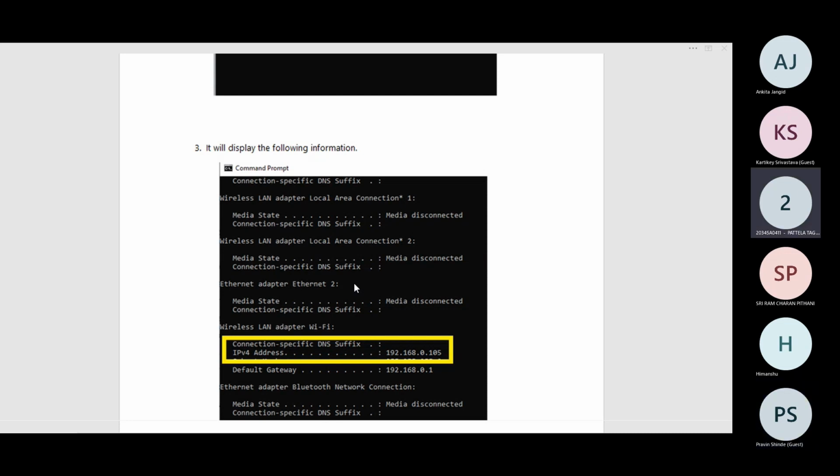Okay. Any issue, any doubts, any question for MAC and IP address? No, sir.